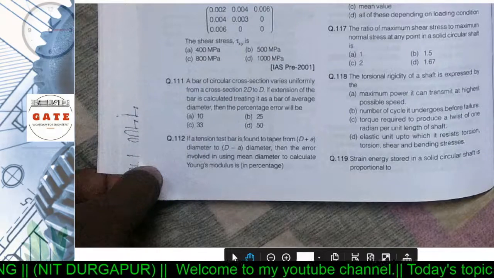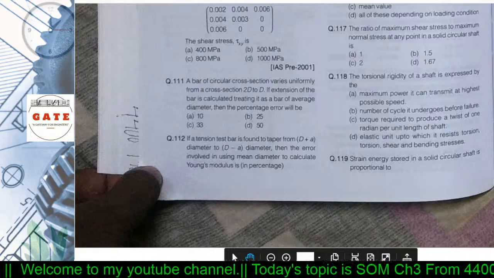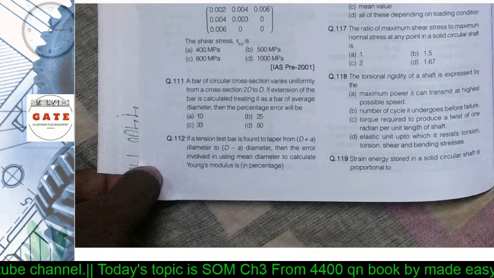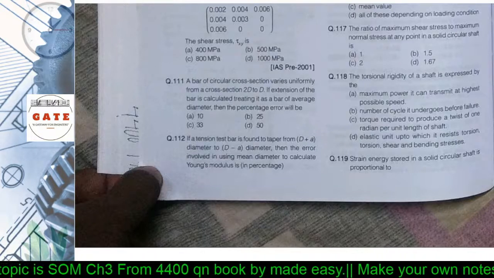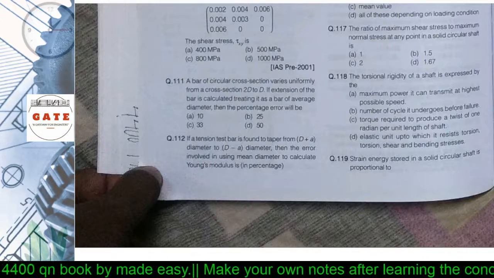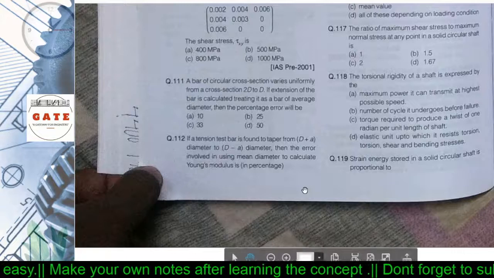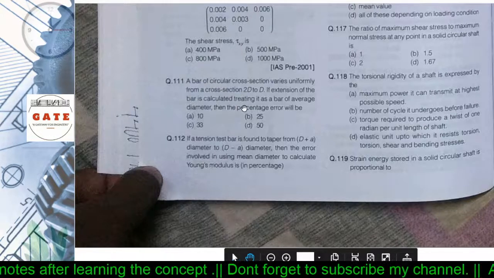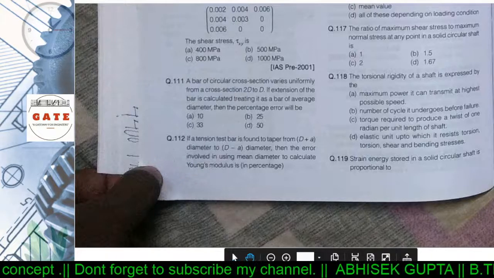It's given that the diameter changes from 2D to D. So average diameter D1 will be 2D plus D upon 2, that is 1.5 D. So first it is conical tapered, then it is prismatic with average diameter.